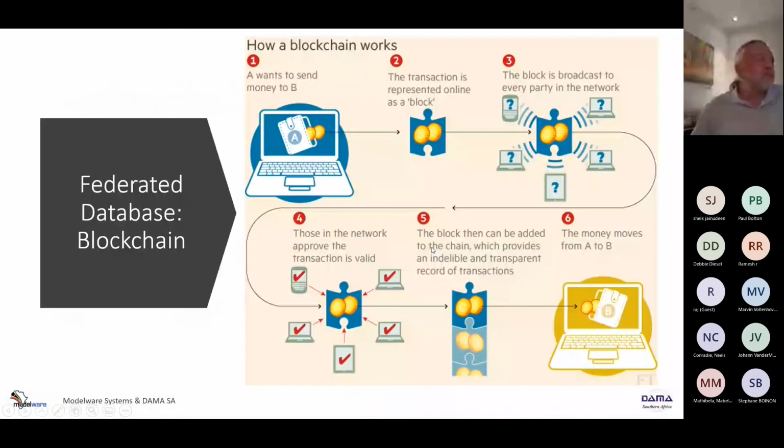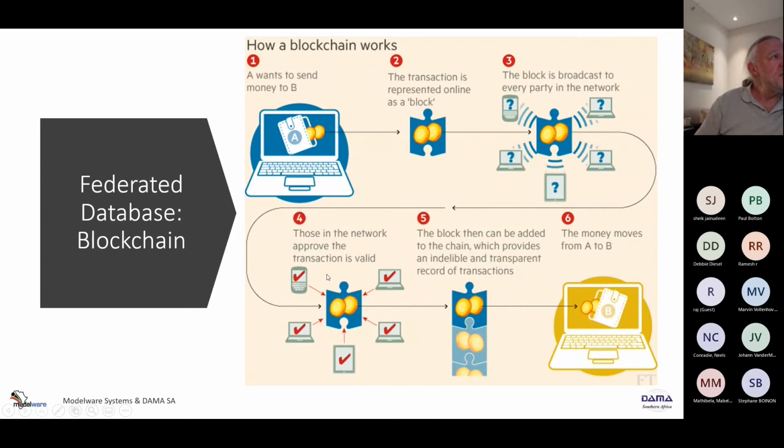Blockchain is a fantastic example of federated. This scenario doesn't depict it entirely. I should take out some of the red ticks here. Say I want to send money from A to my mother or my daughter in Cape Town. I would create a block and I'd broadcast this request to do a transaction to the network.